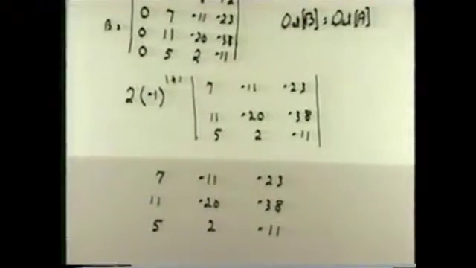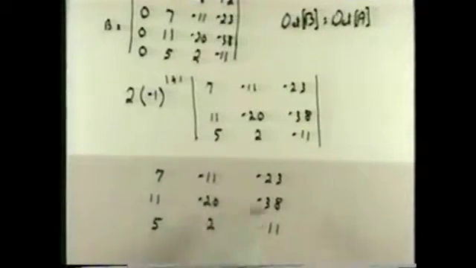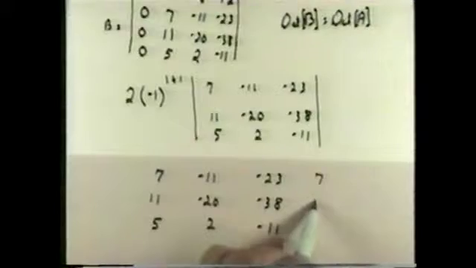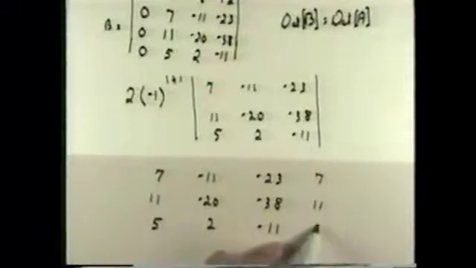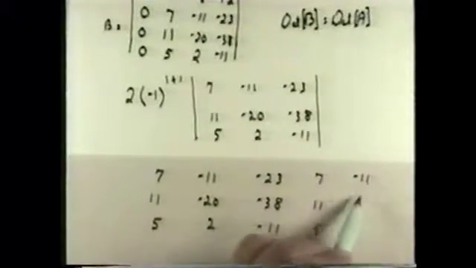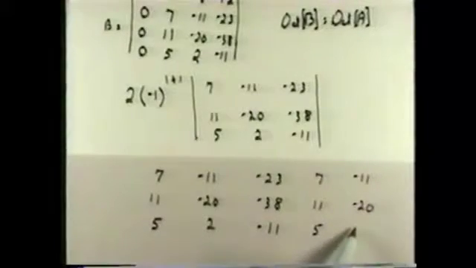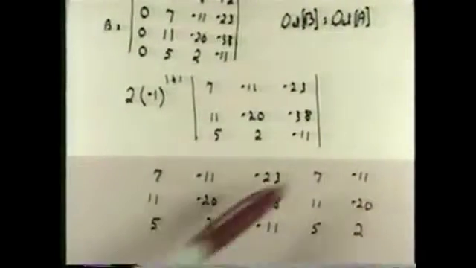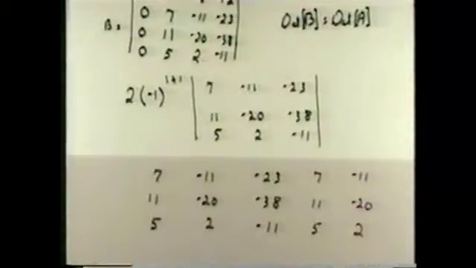Now the alternate way we discovered for evaluating 3 by 3 determinants: we simply recopy the first two columns, and then multiply down as we go left to right, multiply up, and remember to switch the signs.